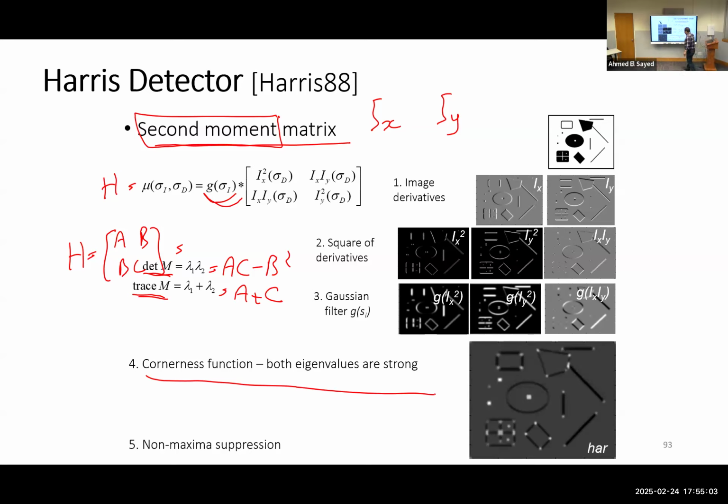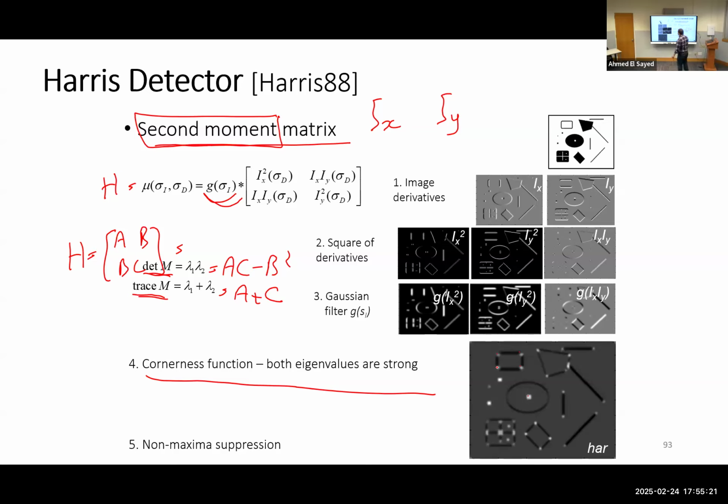Then I will apply non-maximum suppression to find the center of this maximum point. And this center will be my corner. Okay? So that concludes our corner detection algorithm.